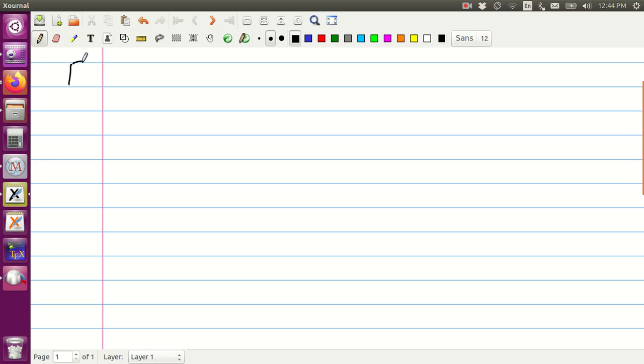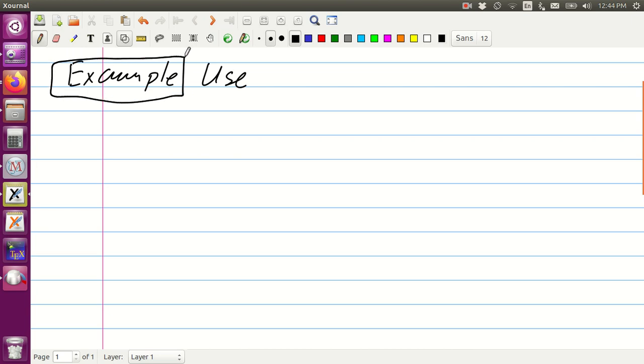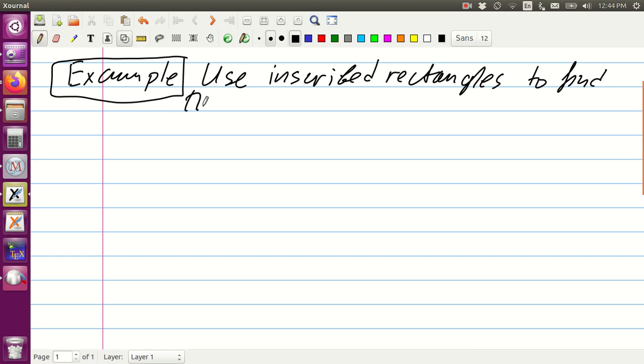So the first example we're going to do is the following. Use inscribed rectangles to find the area under the curve.